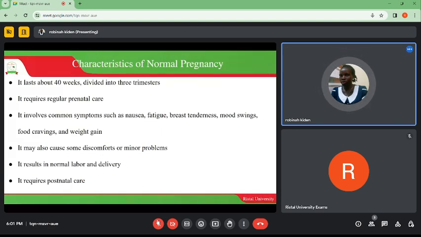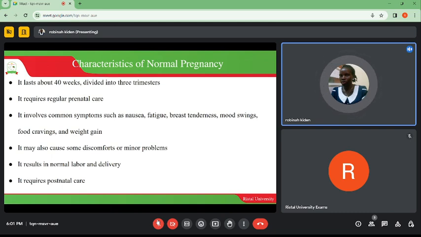So the pregnancy should last 40 weeks, divided into three trimesters.